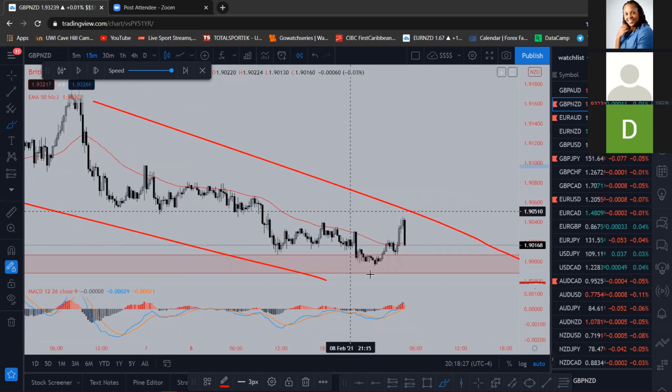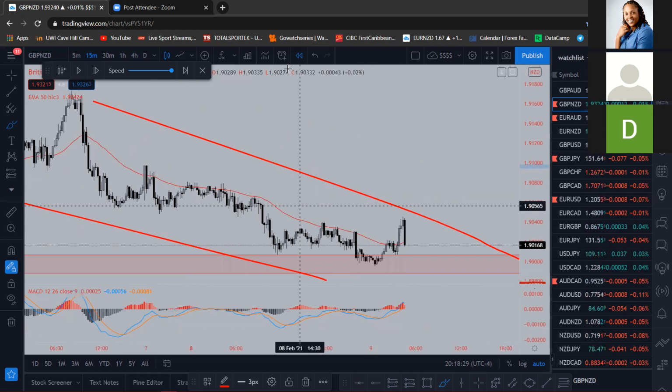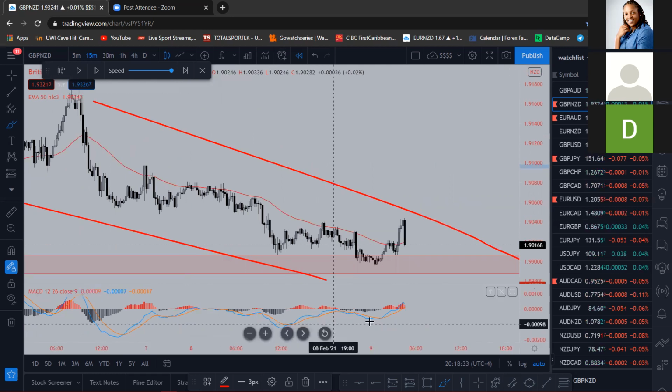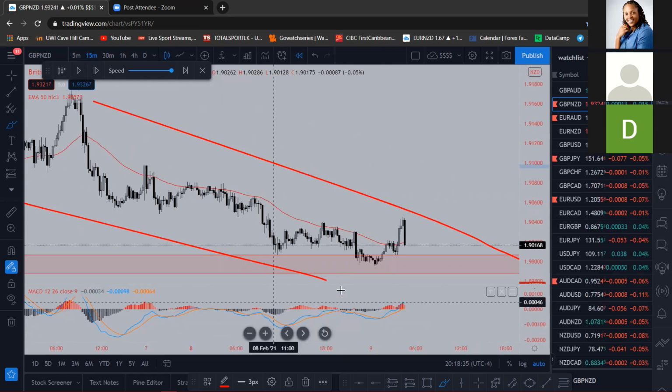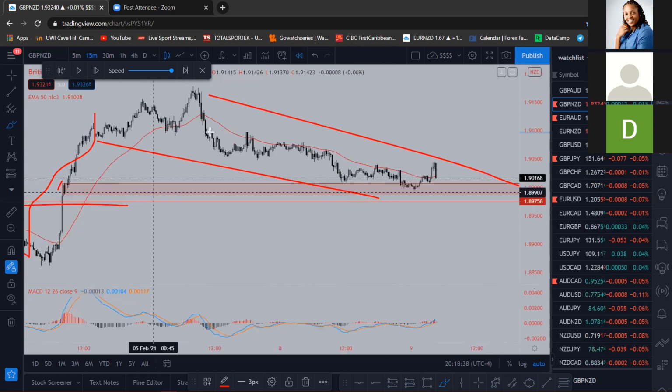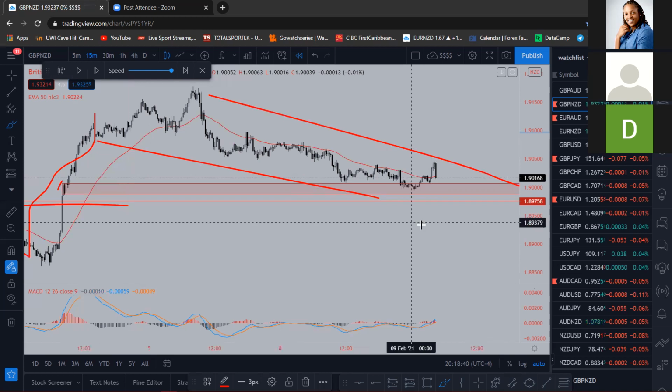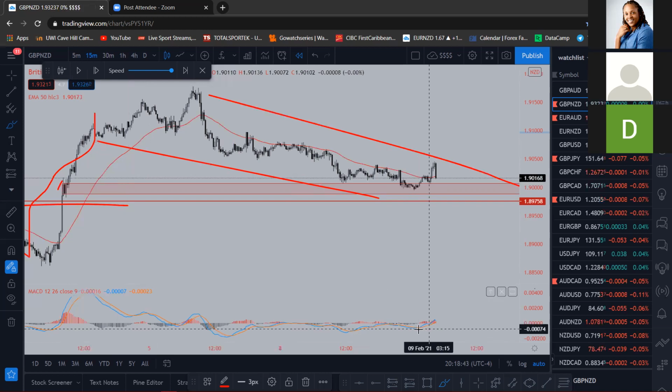So here is where my strategy comes in, where we look for the shift and retest. As you see, we had our shift. We need to retest, so the lines crossed over, or the market is starting to weaken.